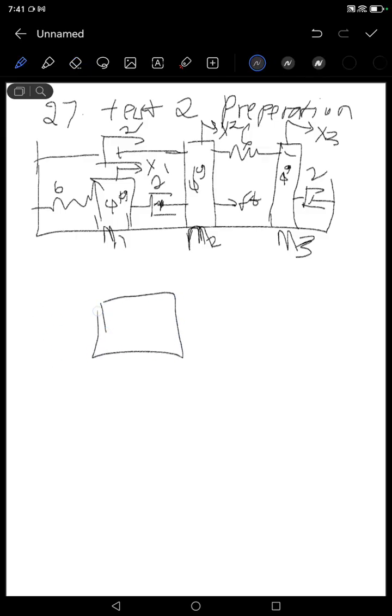So we have this M1, and then we're going to check. Remember, we have force going to the right. So when we pull this mass M1 to the right, what's going to happen? This spring is going to oppose, so we're going to have a spring force going to the left, which is going to be Kx1.